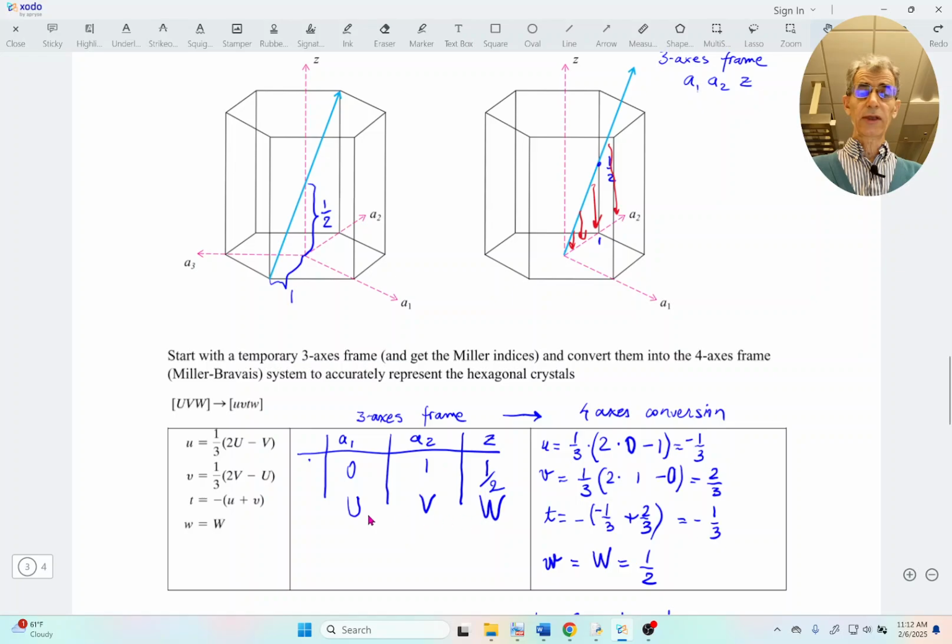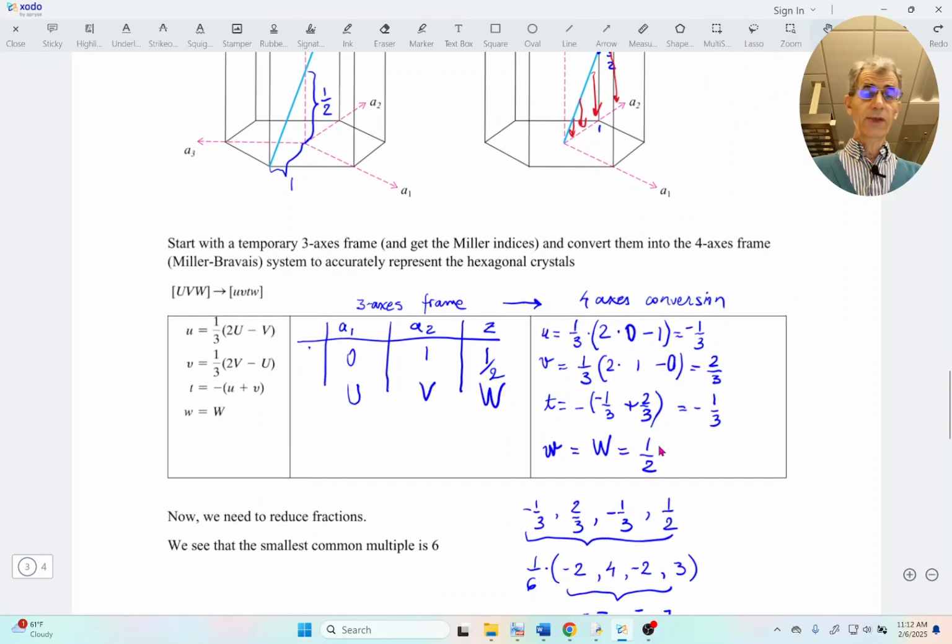These are the three capitals U, V, and W, and we replace them in those formulas, calculate, and end up with these fractions. We have to reduce them, and the smallest common multiple in this situation is 6.